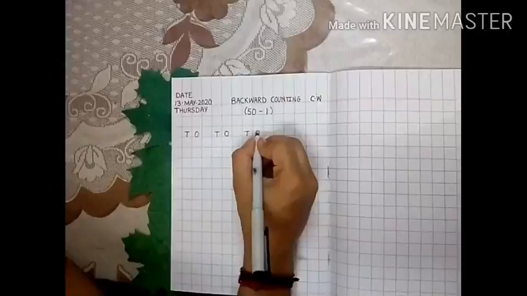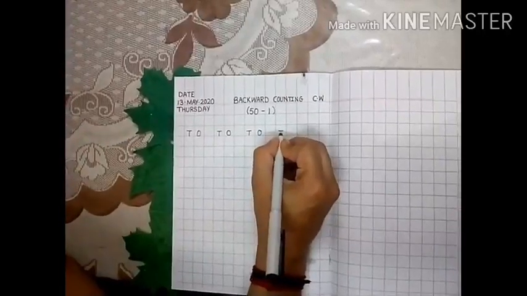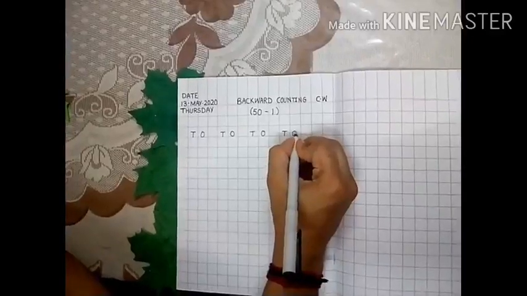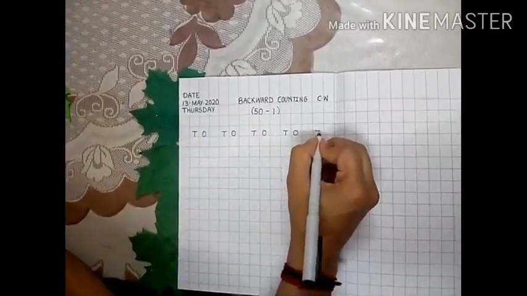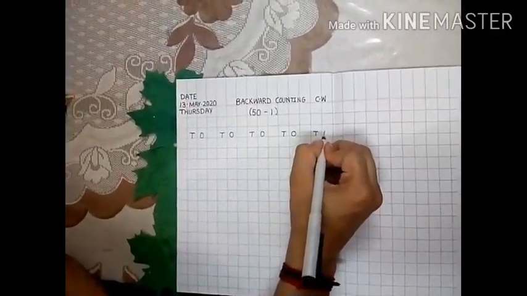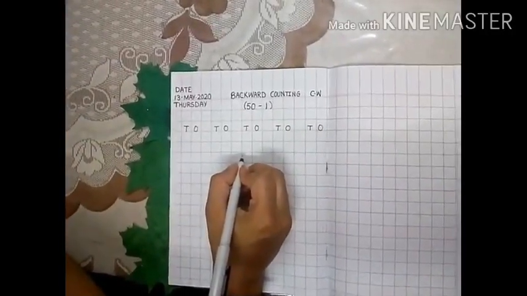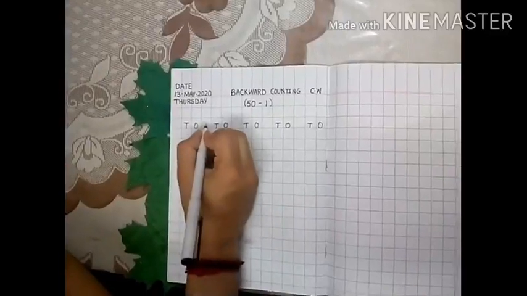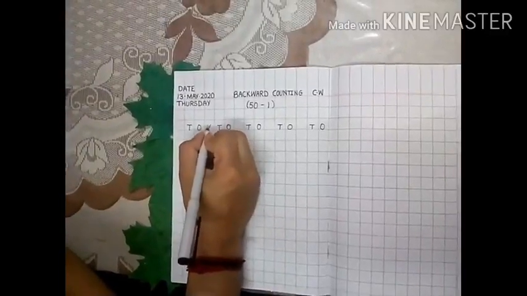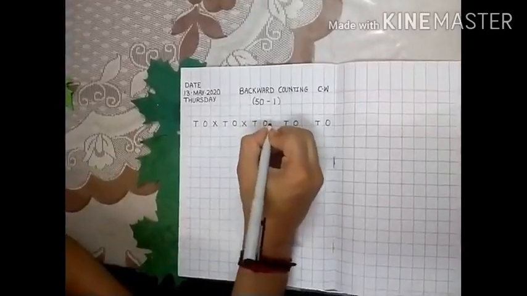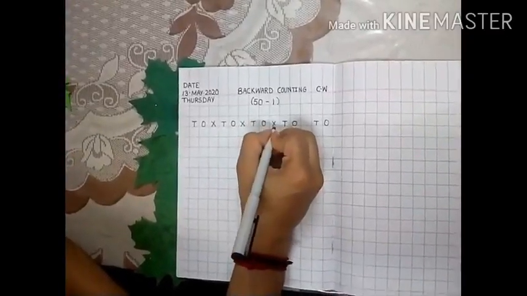Then leave one place. Tens ones. Then leave one place. Tens ones. Where you have to leave the place, you have to cross. Slowly you have to cross there.